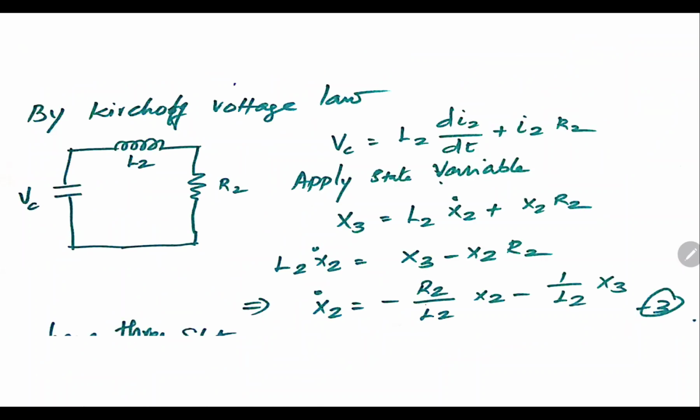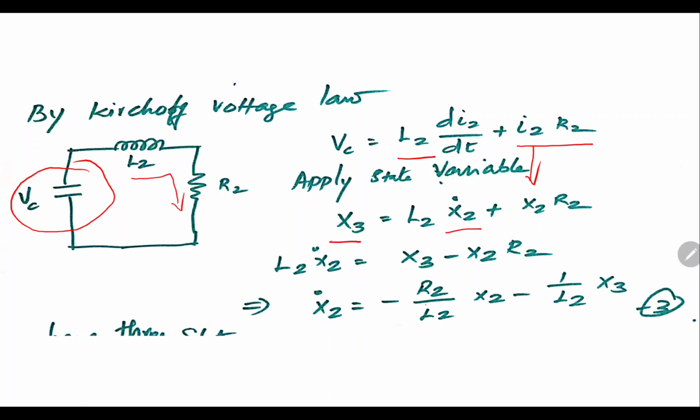Now I am going to discuss the second loop. In the second loop, we have a capacitor, an inductor and a resistor, and the voltage across the capacitor is equal to the sum of the voltages across these two elements, that is L2 di2 by dt plus I2 R2. Here I2 is nothing but x2 and di2 by dt is nothing but x2 dot.